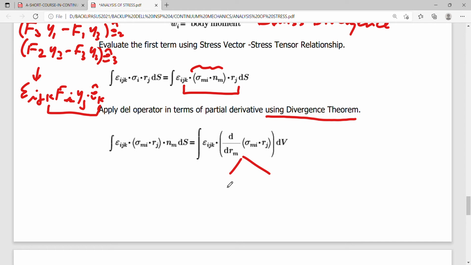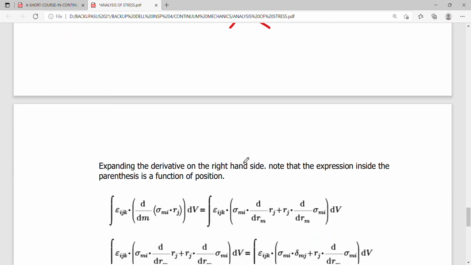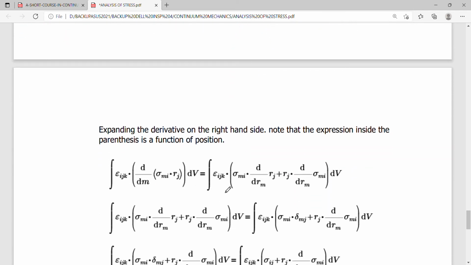The derivative of a product is simply the first multiplied by the derivative of the second plus the second multiplied by the derivative of the first. So we have two resulting derivative expressions, which will be this one here.